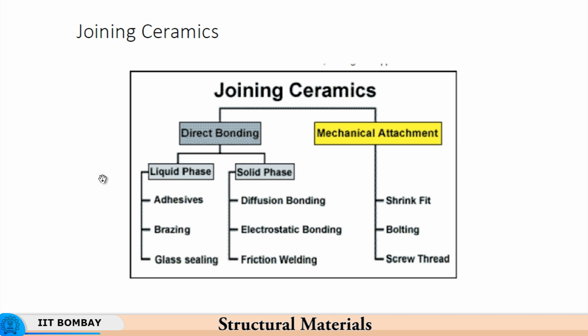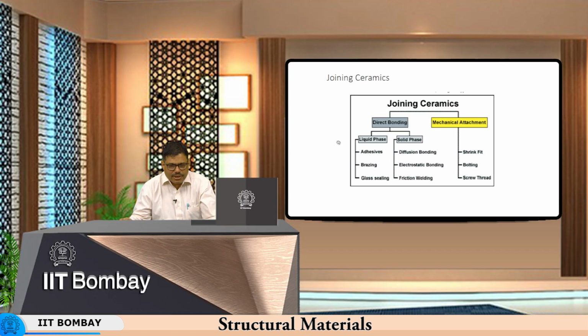Now if you don't want to join using techniques like diffusion bonding or friction welding, these involve a lot of temperature rise, by the way. So liquid phase would require a small amount of temperature. Solid phase bonding requires a much higher rise in temperature, whereas mechanical arrangement requires no rise in temperature at all.